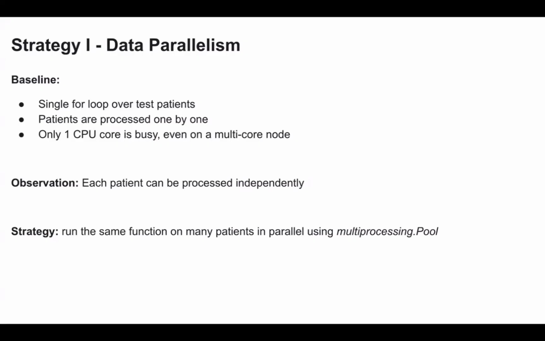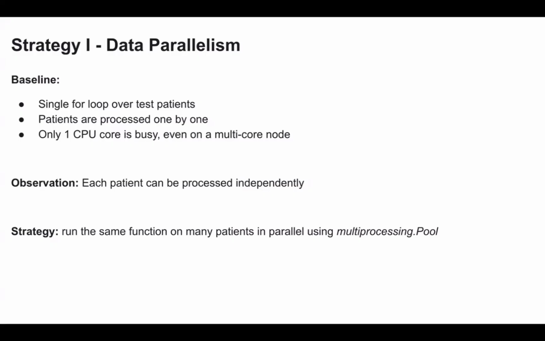So originally, the code functioned as a simple Python for loop. It would take a patient, calculate the similarities, load the files, compute the DVH results, and only then could it move to the next patient. But on a high performance cluster, this is a waste of resources.